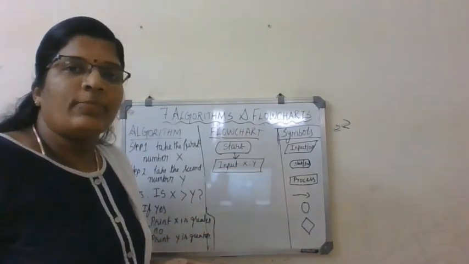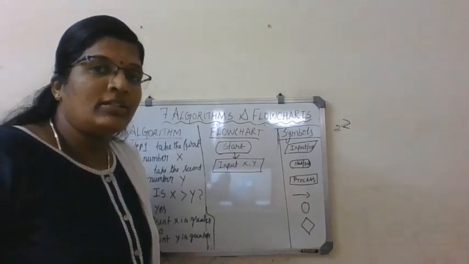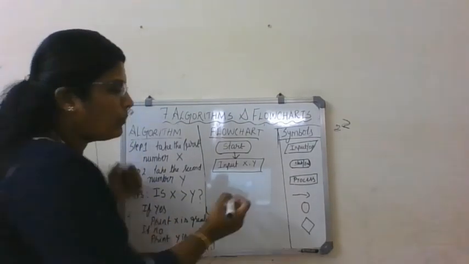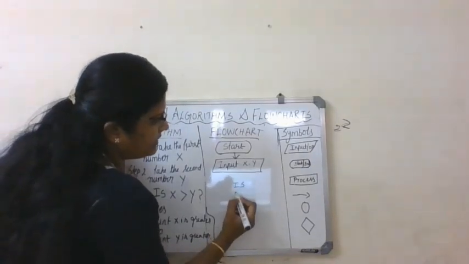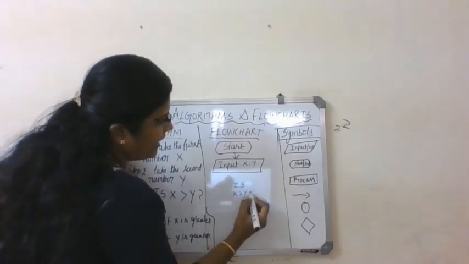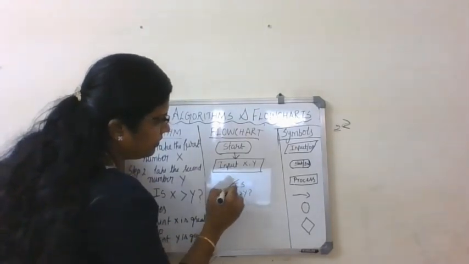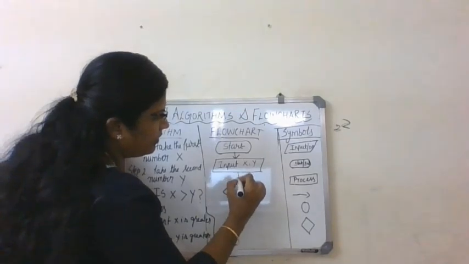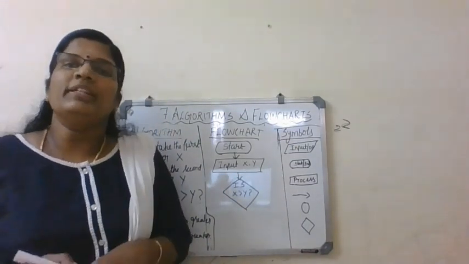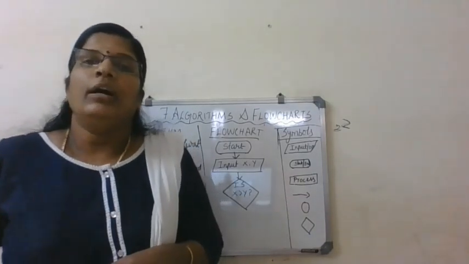Then what is next? Do we need to do the process? Yes. What type of process? It's a decision. So which box do I have to use? This box. Okay. So I'm writing x greater than y, question mark. You can see the decision box, the diamond box, which has three sides.